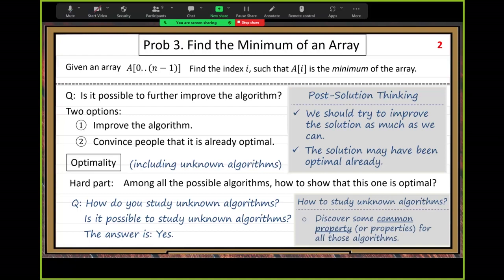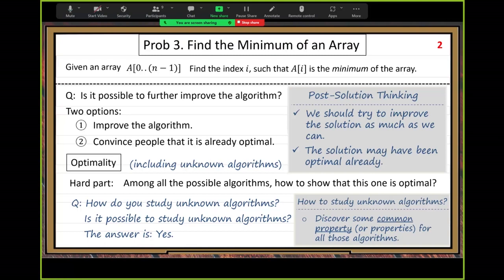If we can discover some common property or properties for all those algorithms, although they are unknown, we don't know the details, but if we're lucky, we can discover some common property that all unknown algorithms should satisfy.